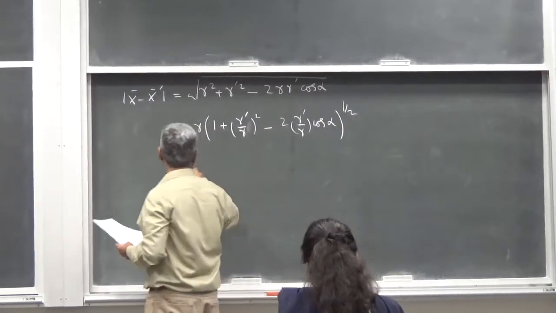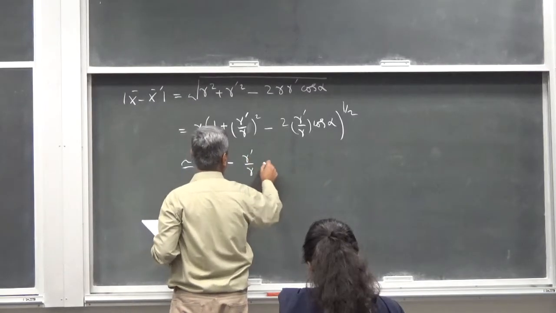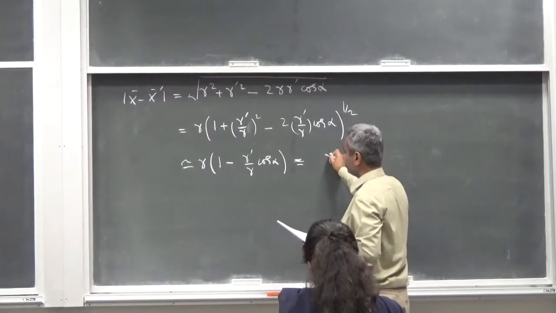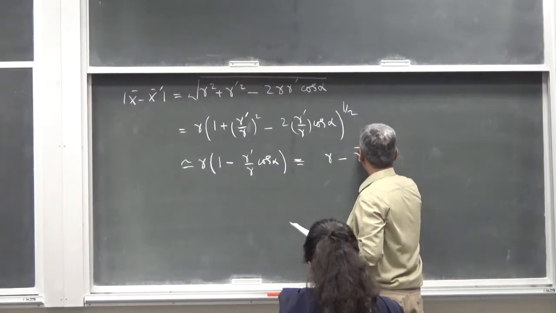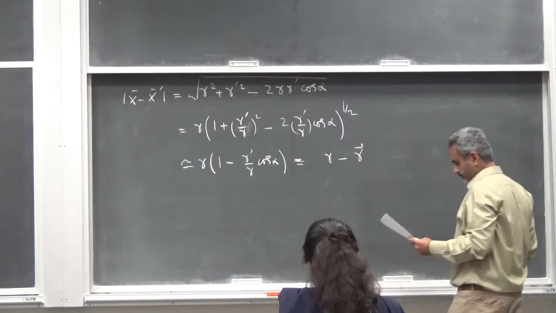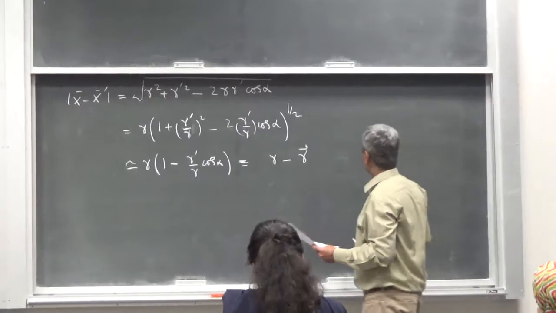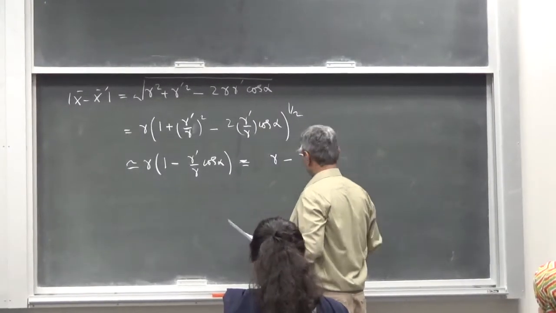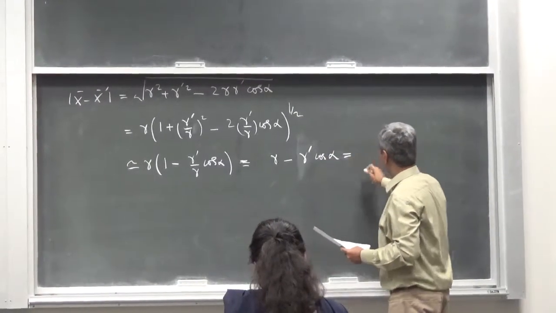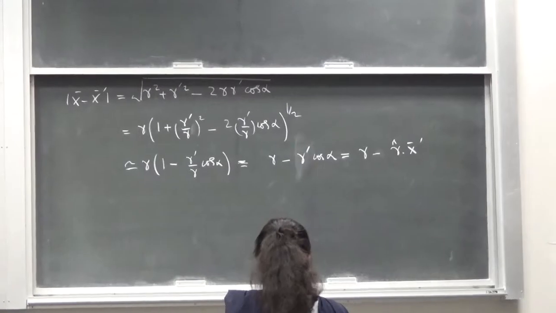So this is approximately r times 1 minus r prime over r cosine of alpha, which you can write as r minus r hat dot x prime. Is that what you're asking? Yes.